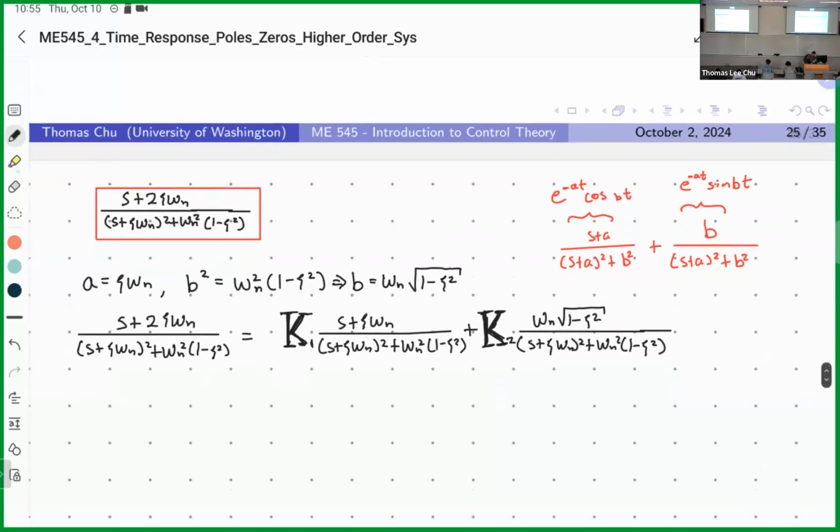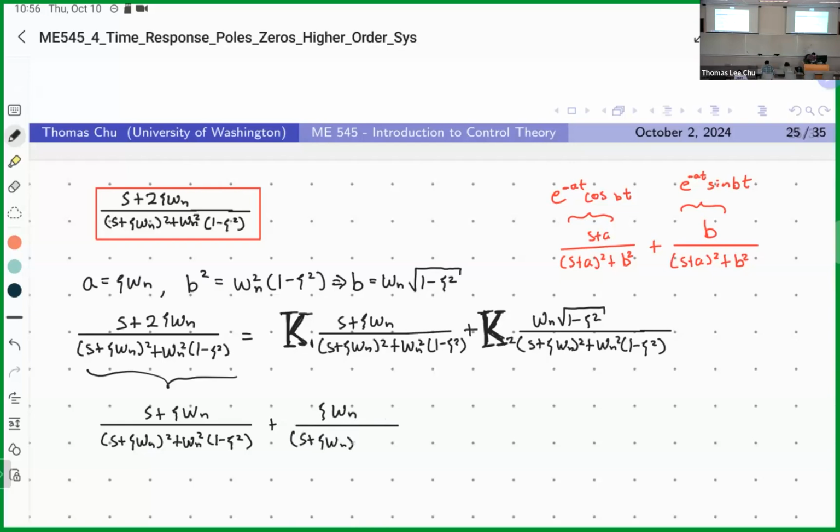The reason why is because we can just rewrite this term here by pulling out one of the terms like this: s plus zeta omega n divided by (s plus zeta omega n) squared plus omega n squared times (1 minus zeta squared), plus zeta omega n times 1 over (s plus zeta omega n) squared plus omega n squared times (1 minus zeta squared).